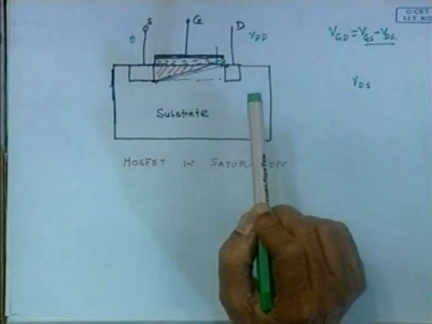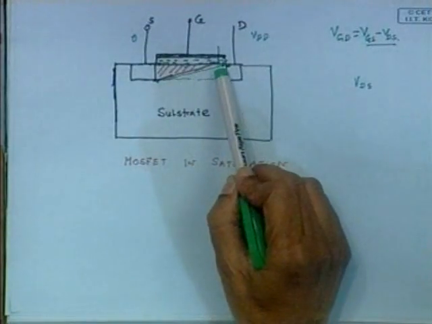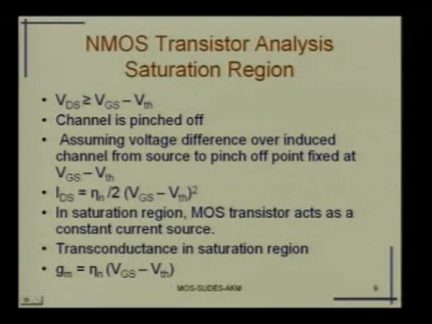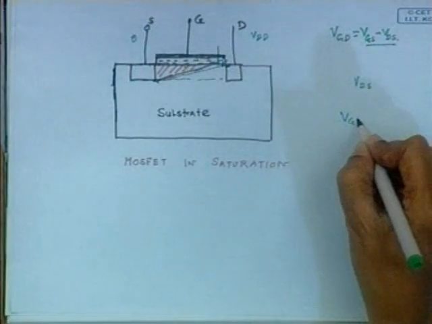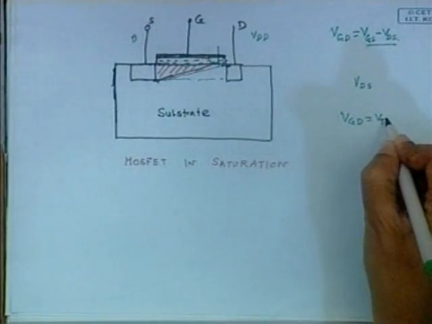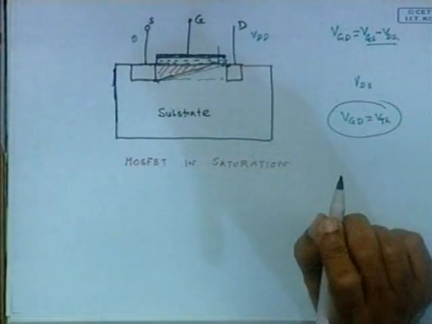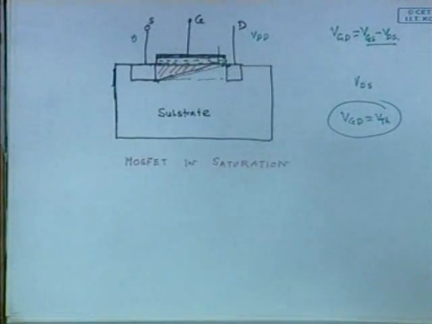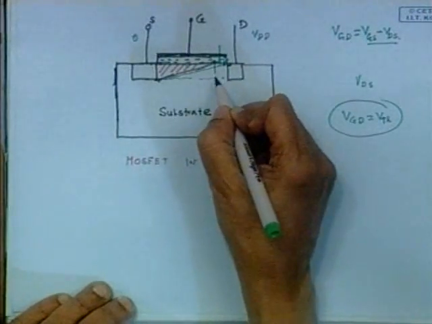The channel saturation will take place when VDS equals VGS minus VTH, that is, when VGD is equal to VTH. We know that when VGD is equal to VTH, there is a channel formed. But the moment VGD becomes less than VTH, there is no more channel in that region, and slowly the channel is shrinking, and the effective channel, as you can see, has reduced to this.